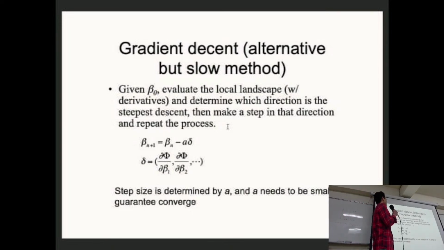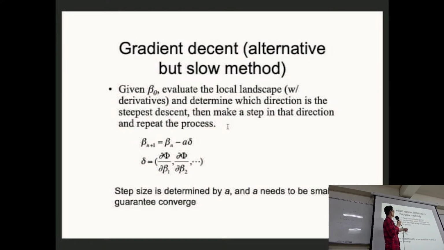An alternative approach, which is slower, is called the gradient descent approach. In this approach, it is very simple. Again, that's the rule. A is some kind of constant, and delta is the improvement through time. How do you decide delta?